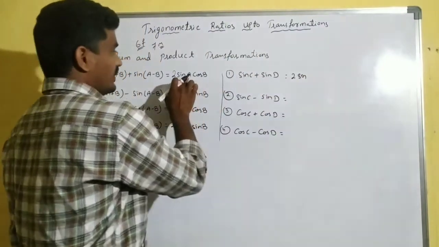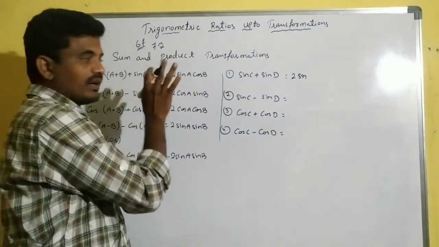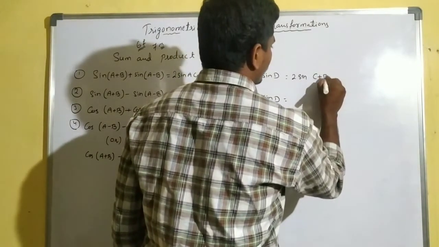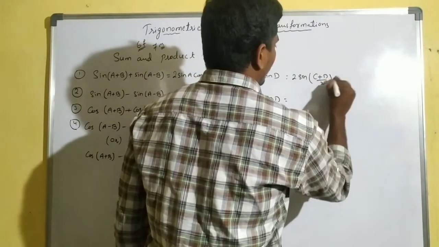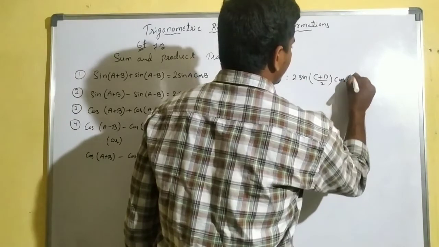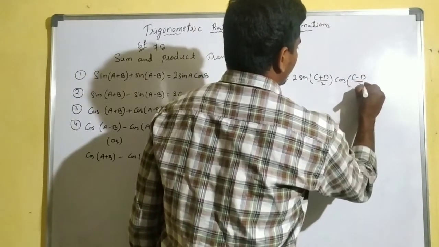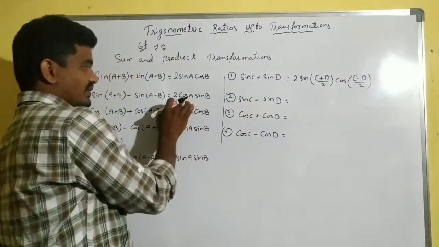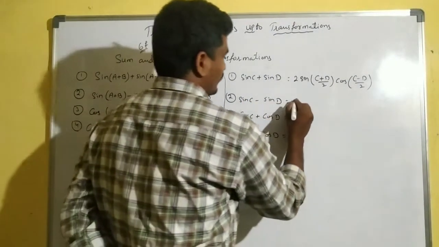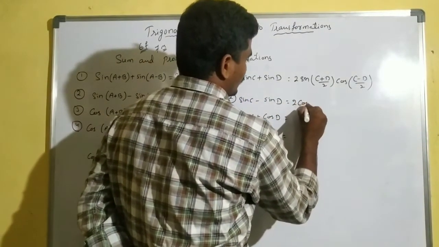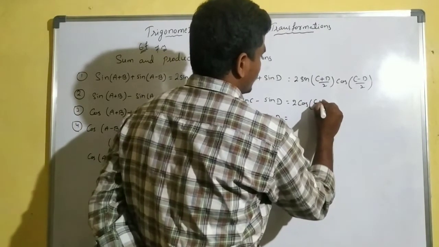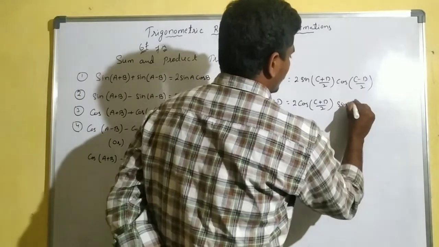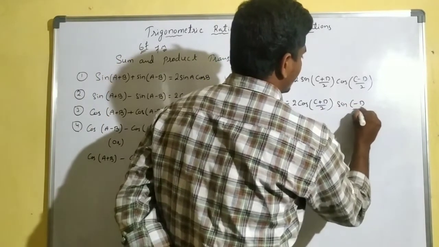sine of a plus b by 2, nothing but c plus d by 2, and next cos c minus d by 2. And when you take a minus, you get cos first and sine: 2 cos c plus d by 2 sin c minus d by 2.